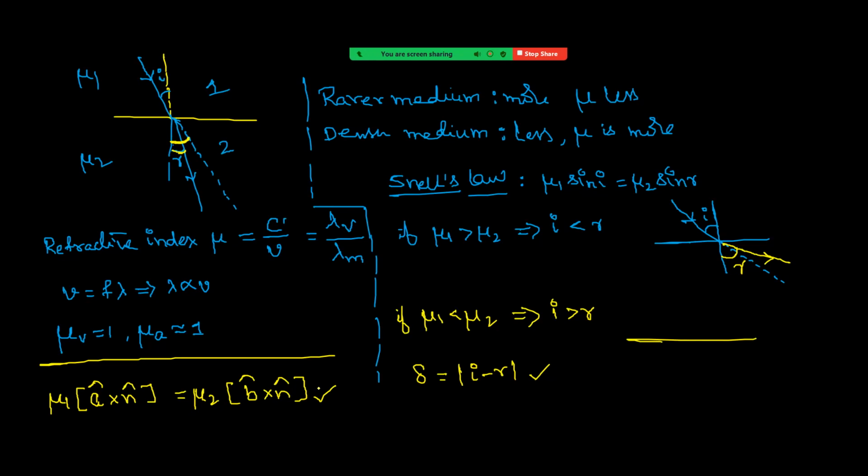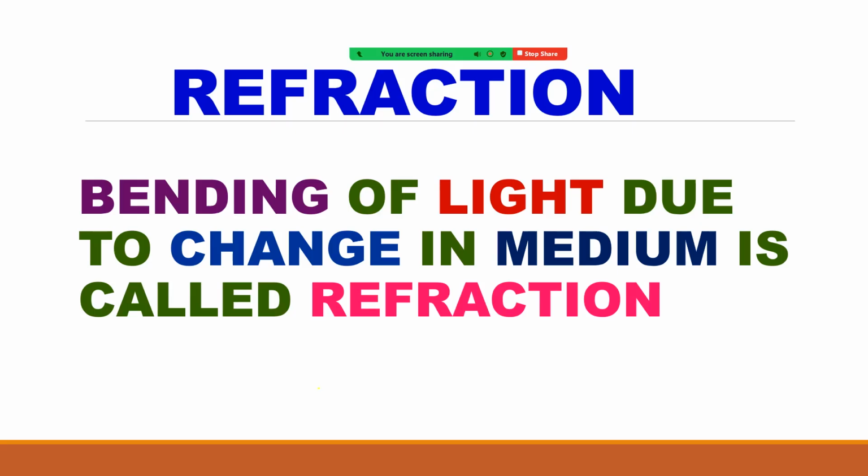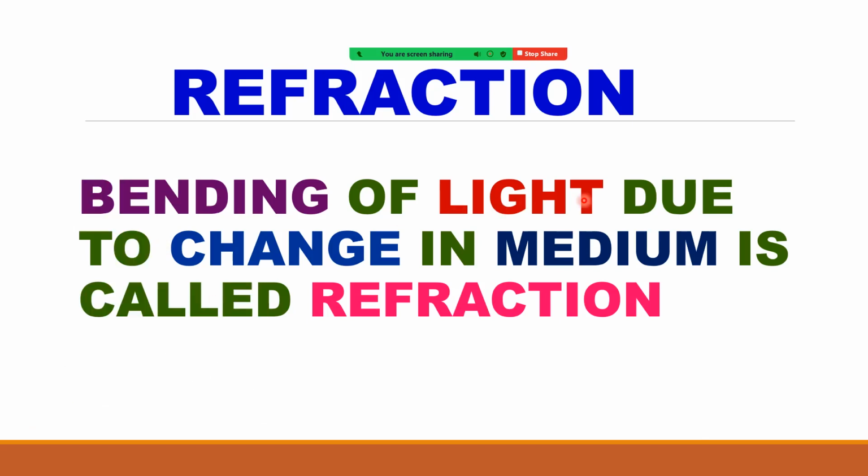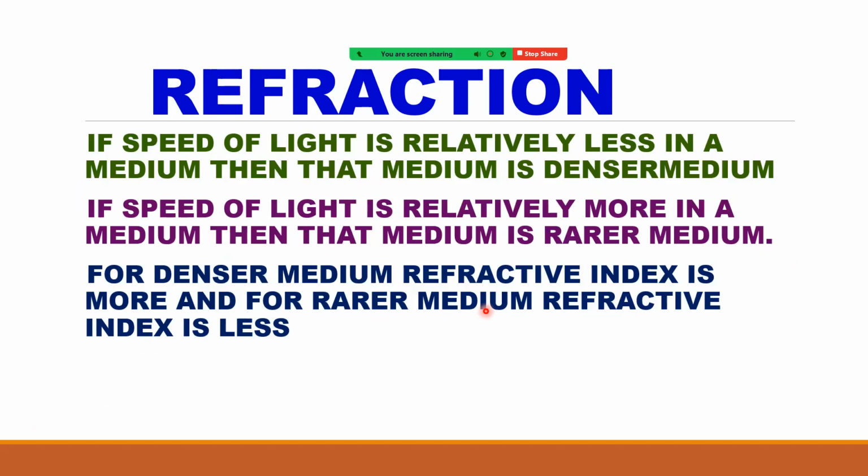Let us see now the points we have discussed till now. Bending of light due to change in medium is called refraction. Next, if the speed of light is relatively less in a medium, then that medium is a denser medium.